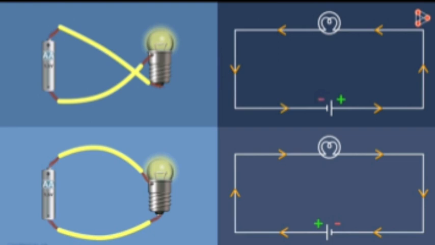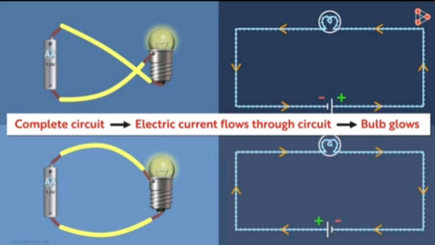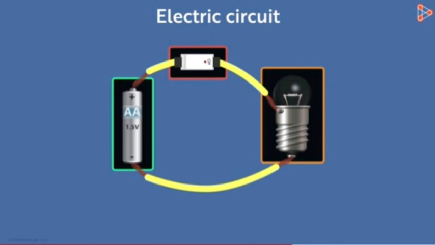The electric current is flowing in the opposite direction. So electric current can flow in either direction. As long as the circuit is complete, electric current will flow through the circuit and the bulb will continue to glow.